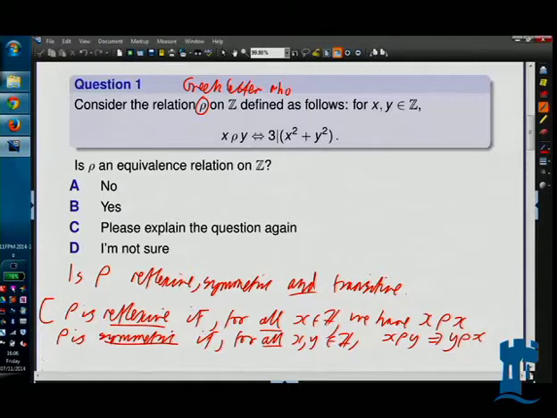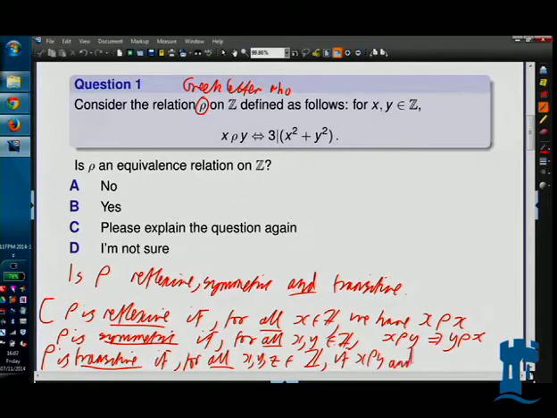And rho is transitive if for all x, y, and z in Z, if x is related to y and y is related to z, then x must be related to z as well.